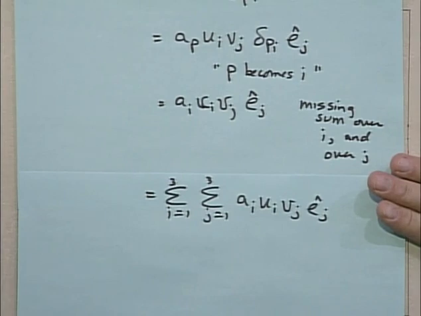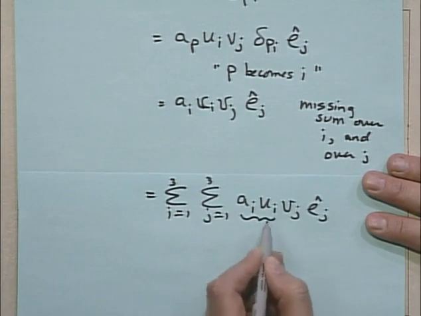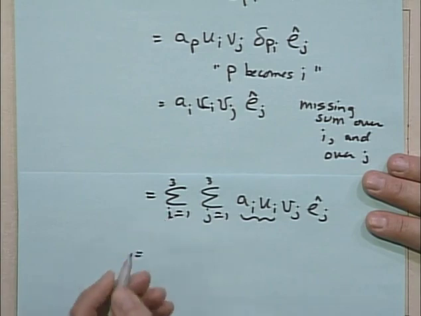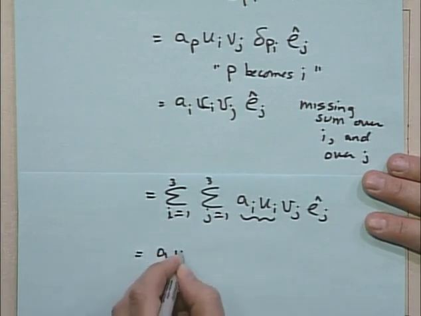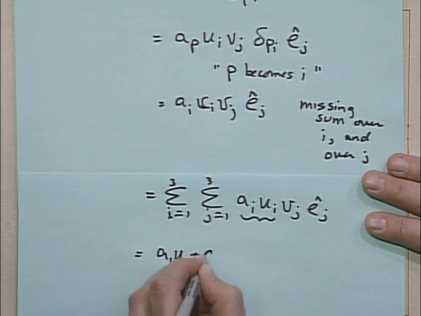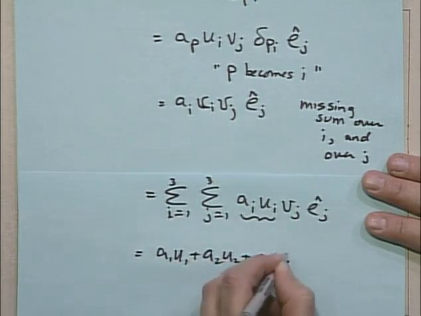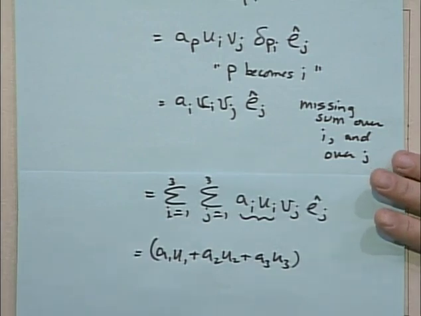Now, that's still a little bit hard to understand. Let's carry this i summation out, because it has nothing to do with the vectors. So this is a1 u1 plus a2 u2 plus a3 u3. That's just a number.